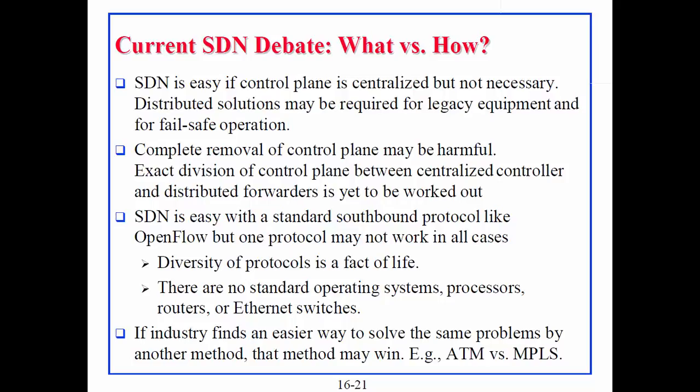So what you're going to find is that there's no one protocol that's going to totally work for everything. It's kind of like there's no standard operating system. You don't have everybody that just uses Windows. There's no standard processor type, and there's no standard type of router or Ethernet switch. The same thing is going to be true, at least for a while, with the different APIs and protocols that are used by SDN.